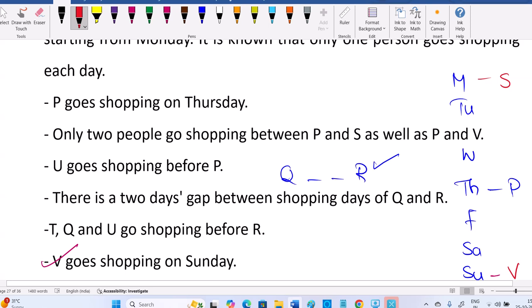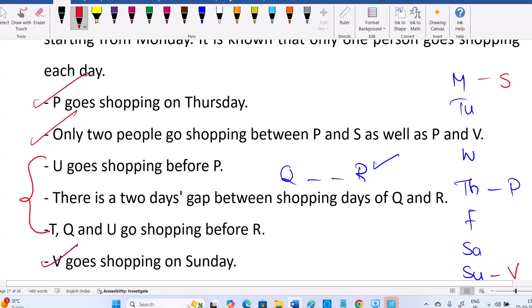Right. And T, Q, U go shopping before R. There is a two-day gap between Q and R. So many possibilities with that statement. U goes shopping before P. Among these two, one slot is for U. This is done, this is done, these things are to be used. Okay, U is before P, fine.